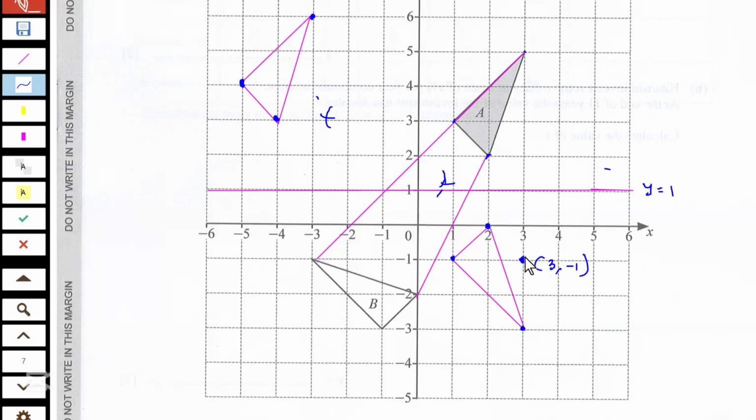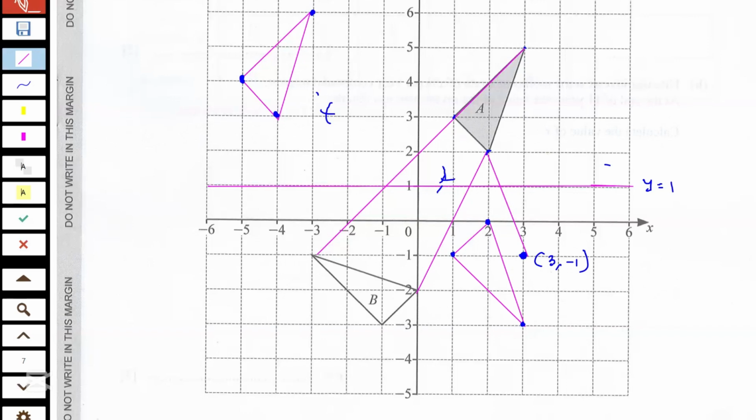So from the center of rotation, you can clearly see that this object has been moved 90 degrees anti-clockwise. So if I join one of the vertices to the center of rotation, we're moving one of the vertices to the center of rotation here. So now the shape has been moved anti-clockwise by 90 degrees.